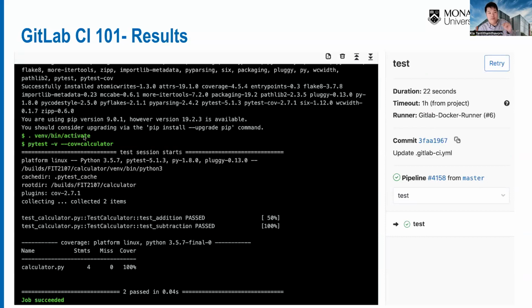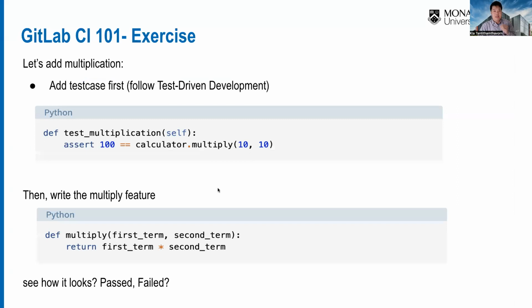It will activate the environment, run the test case, everything works fine, then it will show that the coverage here is 100%, all done, and the test is successful. This CI is successfully executed, okay? And that's all.